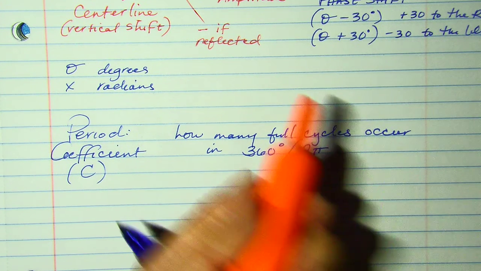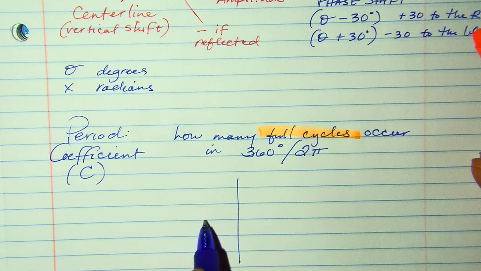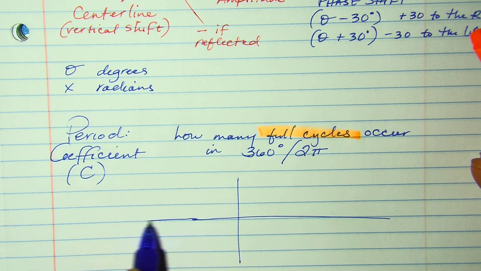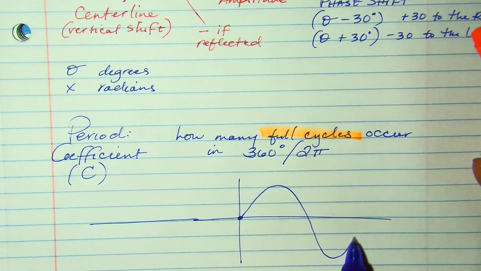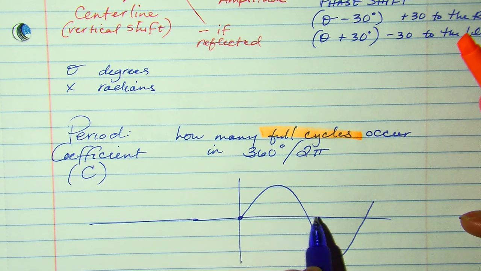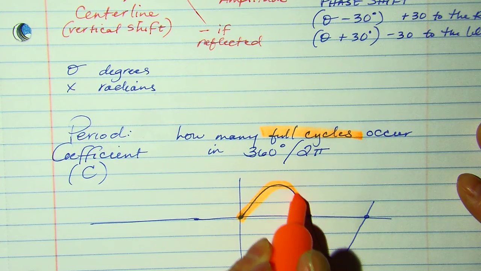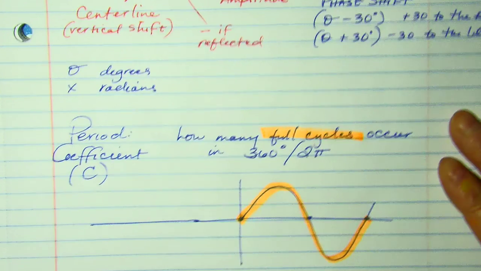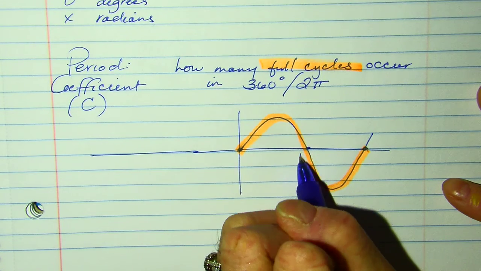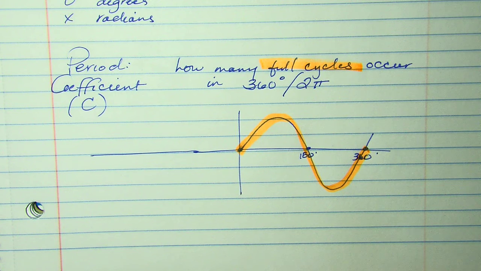Now, a full cycle is the following. So in a sine function, and I should do sine and cosine, and I know that's not perfect, this is a full cycle, should include 1 peak and 1 valley. Now this should be 180, this should be 360. That is one full cycle.